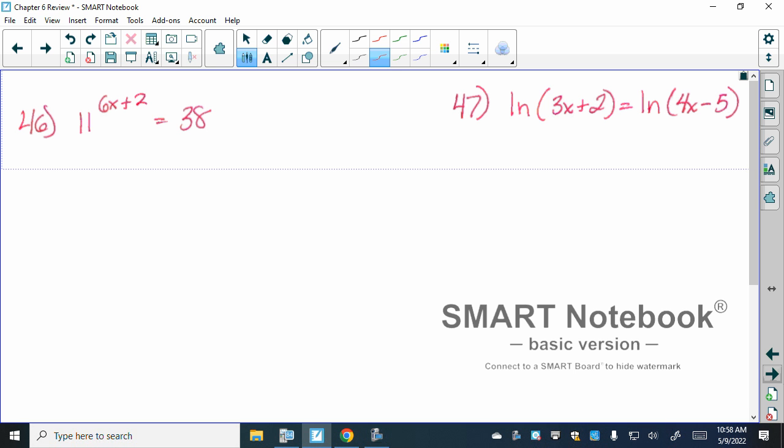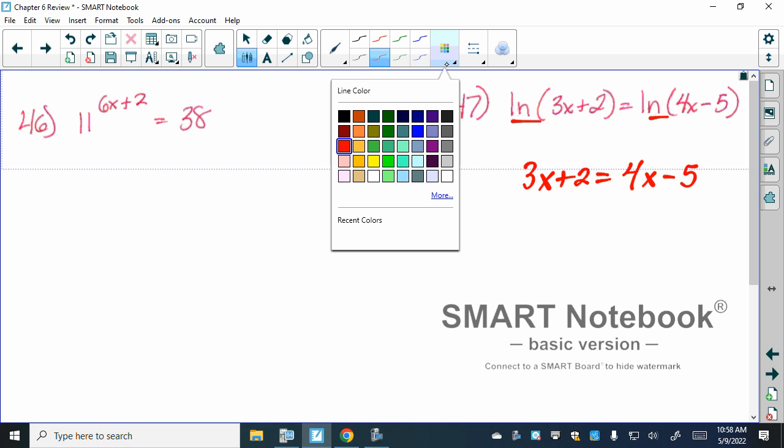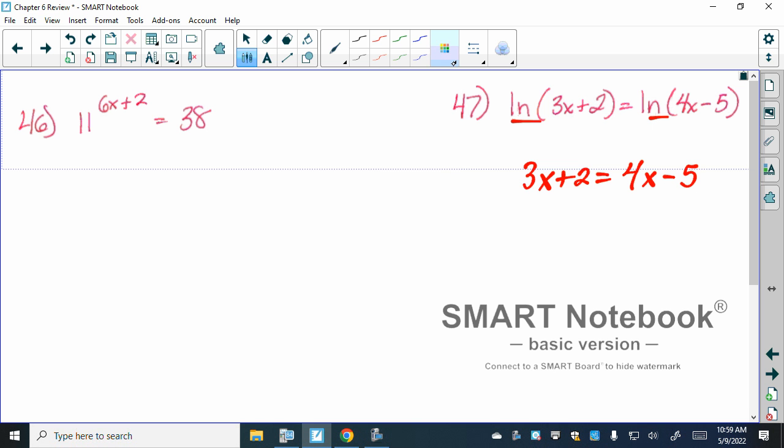Are the logs the same? Yes, so what's inside has to be the same as well. Now the reason this works is really I could put both sides to the base of e, because e to the ln cancels, e to the ln cancels, leaving us with 3x plus 2 is equal to 4x minus 5.